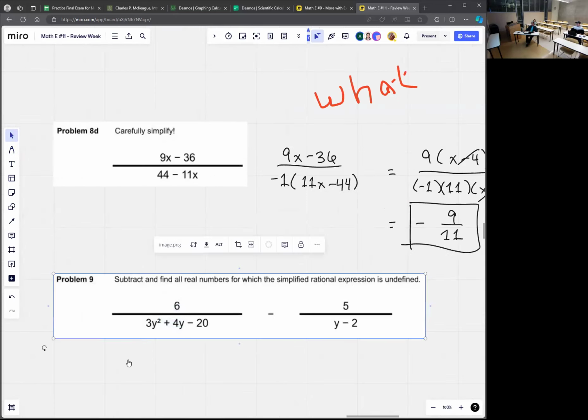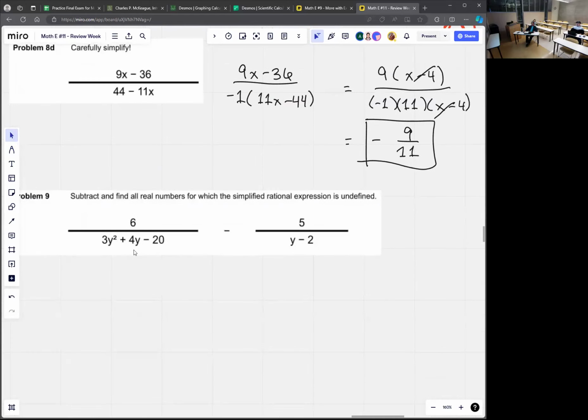Okay, subtract. I'm gonna need a common denominator. I could multiply both sides by y minus 2, but I would bet there's a y minus 2 hiding in there. And if I factor this, it's gonna be y minus 2 times something. The easy thing to do is just put that other factor by the y minus 2, and then they will have the same denominator.